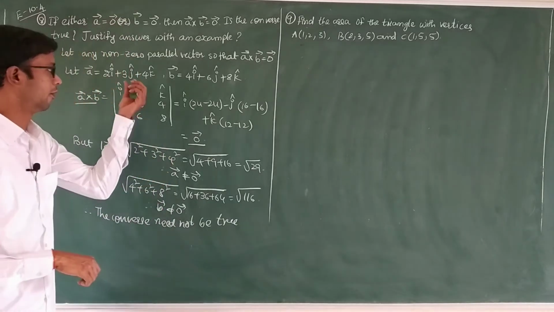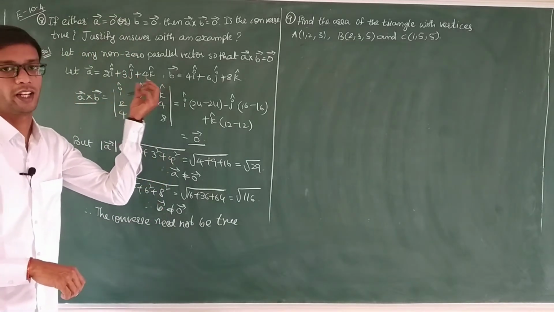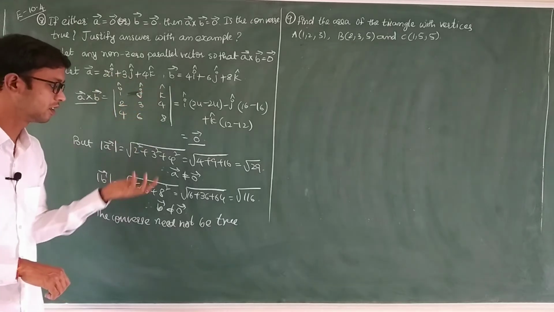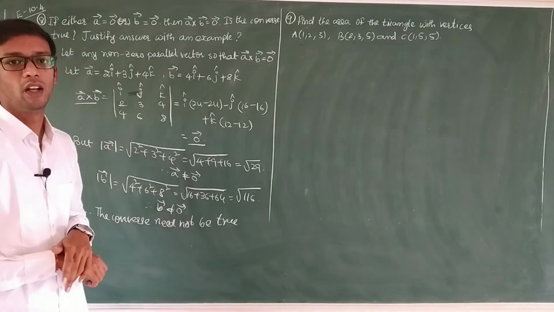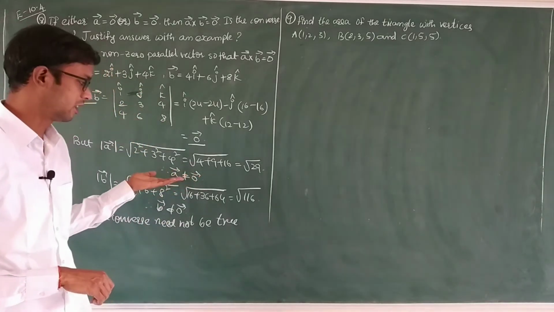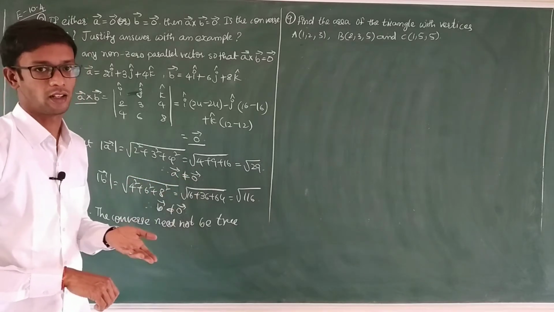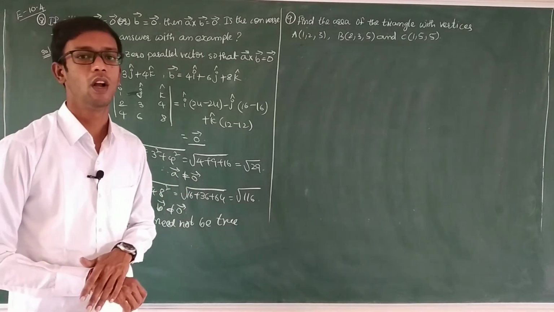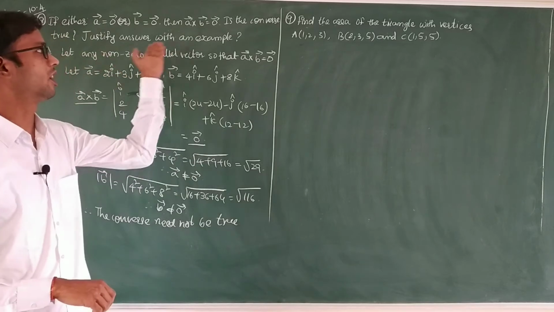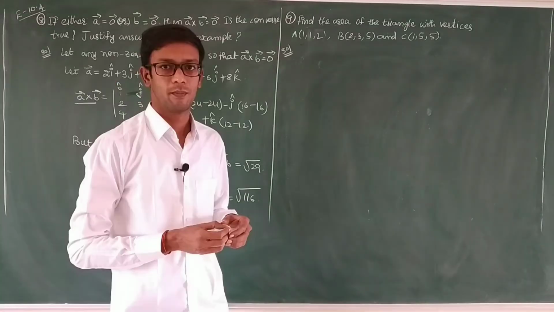Why? Because if you take two parallel or collinear vectors, the cross product will compulsorily be 0, even though the vectors are non-zero. So the converse may not be true, and this example justifies the answer.